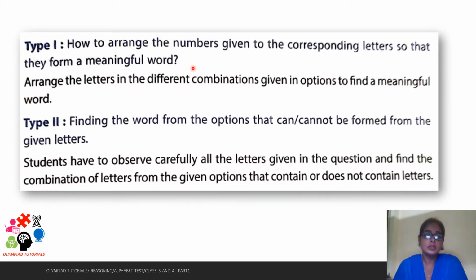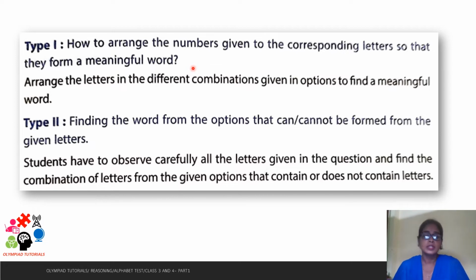In type 2, you have to find the words from the options which can or cannot be formed from the given letters. Suppose you have the word flower. From this word flower, how many more words can you make with a combination of the given alphabets? So the question is asked whether you can frame any word from the given word or you cannot.